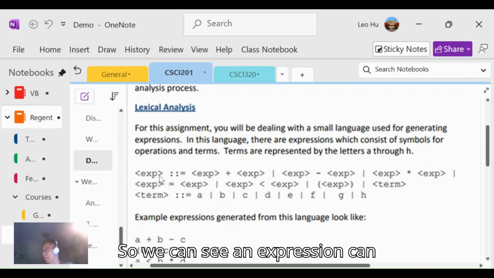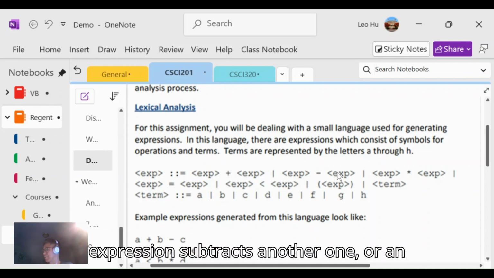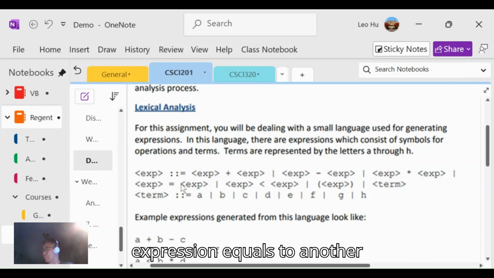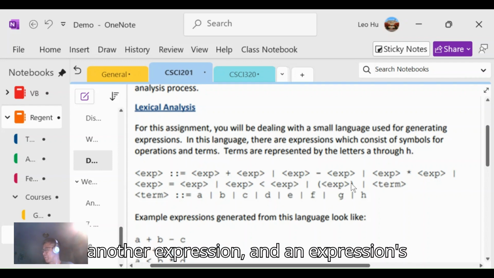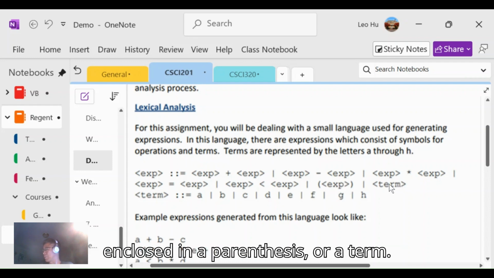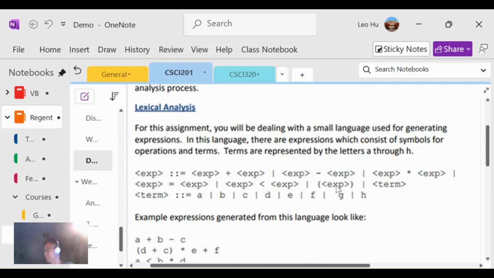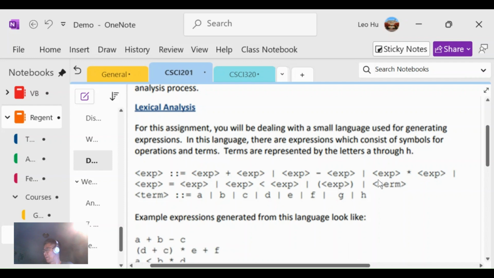So we can see an expression can be defined as two expressions added together, or subtracted, multiplied, compared, or enclosed in parentheses, or a term. All the others have expressions and need to be further defined until the expression is defined as a term.